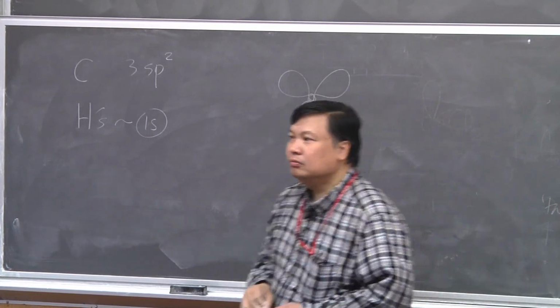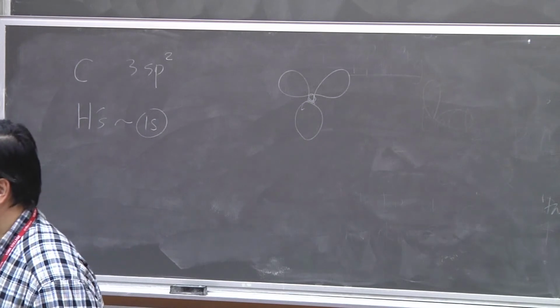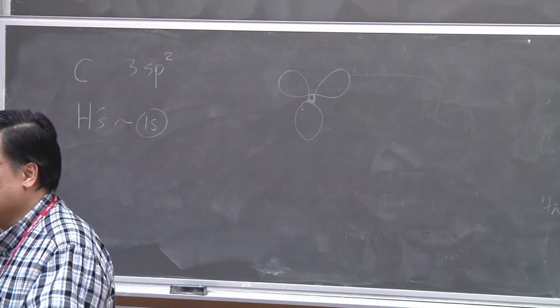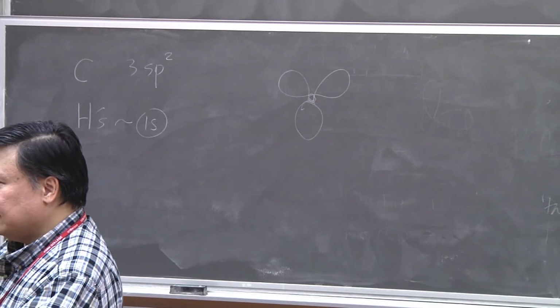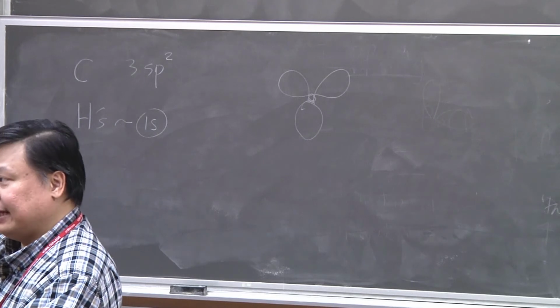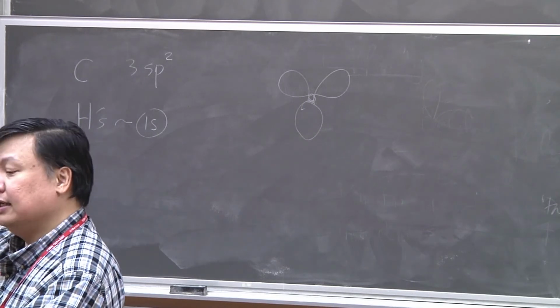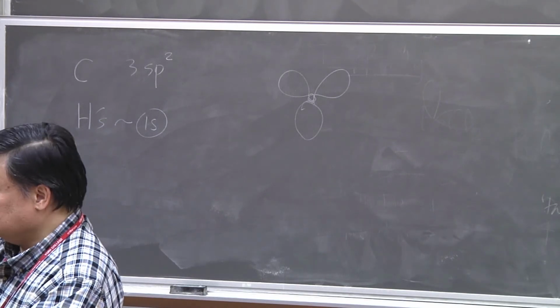What was the question again? All right, so you count the number of sigma. In that case, you had 3. To fill those 3, you count first: the first is S, because that's the lowest energy. And then how many more do I need? 2 more, so that's why sp2.